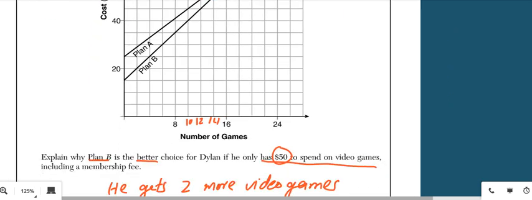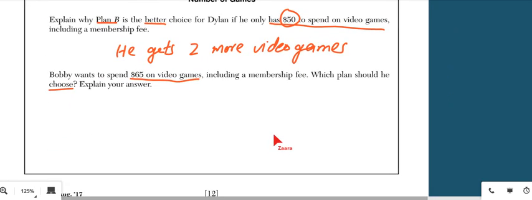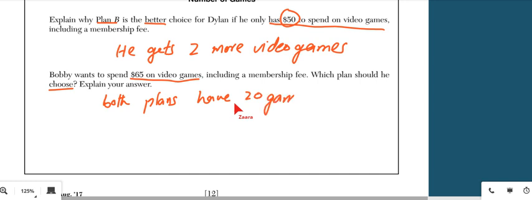So that means both plans have 20 games when he spent $65.